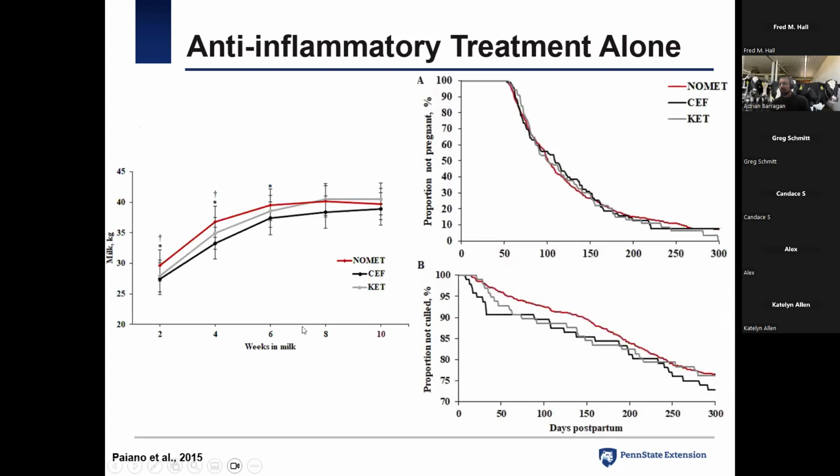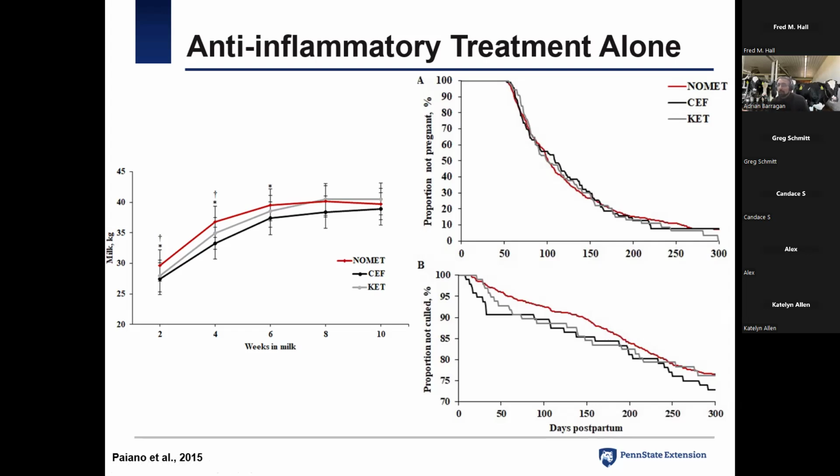And what you have here is milk production, fertility, and culling rate. And what they found, as an overall message, is that there was no difference between ketoprofen treatment alone or antibiotic treatment alone, right?